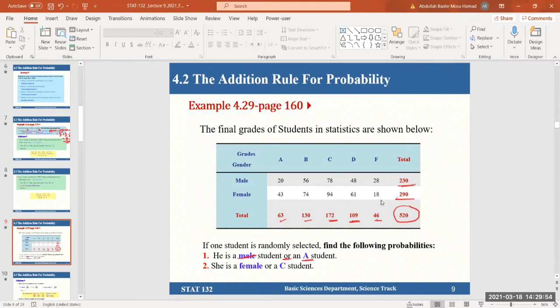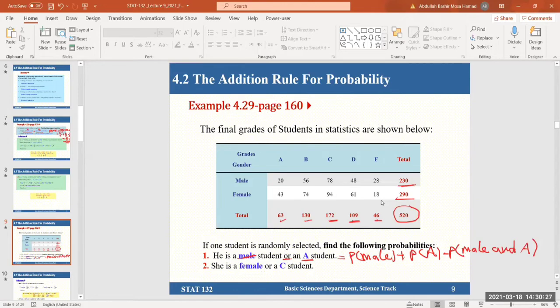According to the rule, it is P of male plus P of A student minus P of both, meaning male and A student.